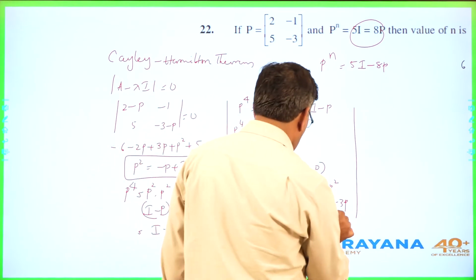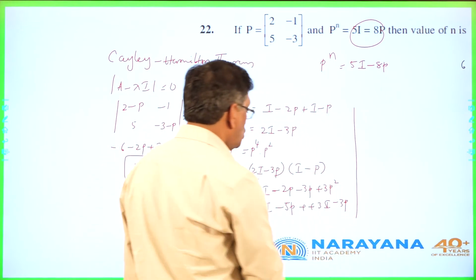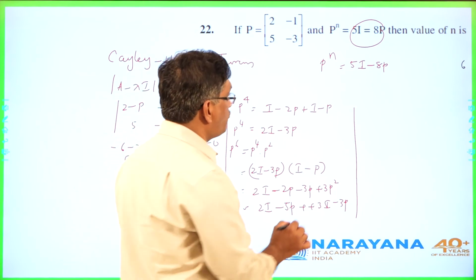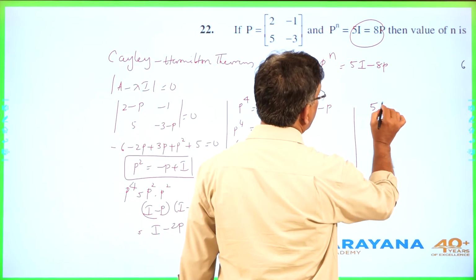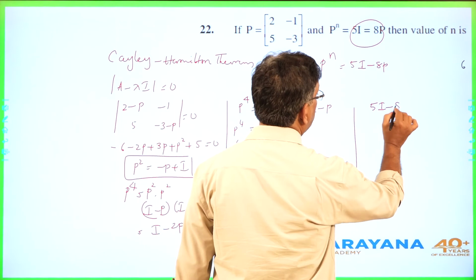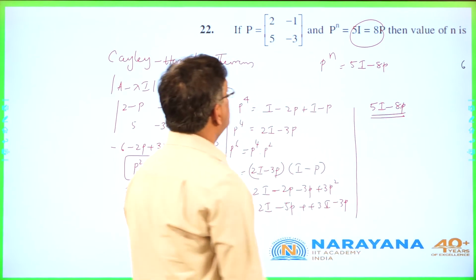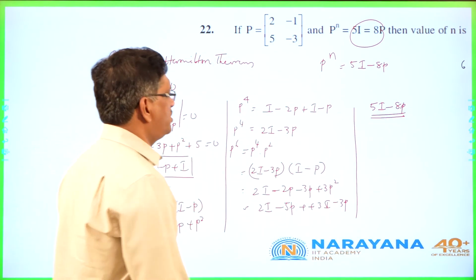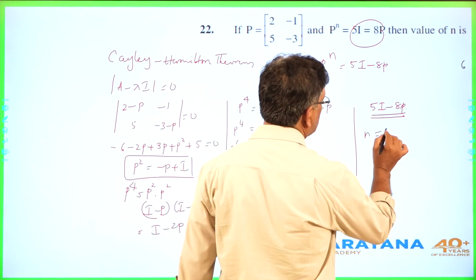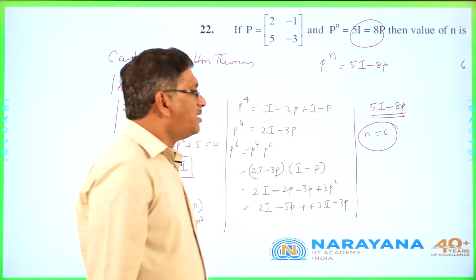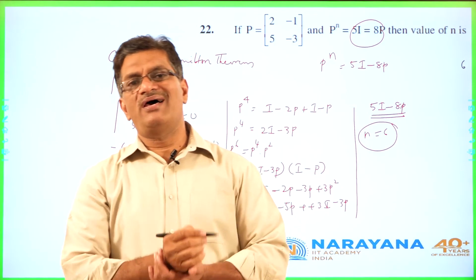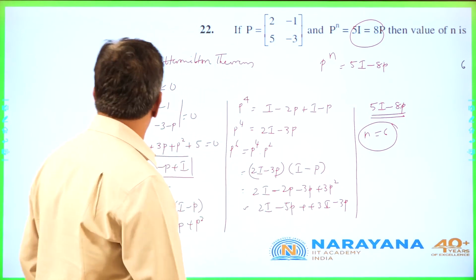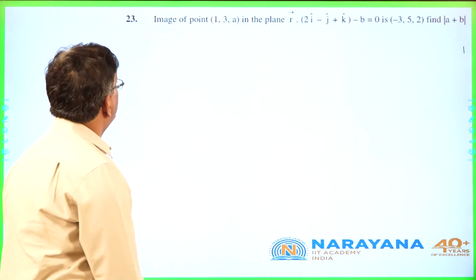That is nothing but 2 plus 3, 5i minus 8p. This is what he has given. Then the value of n, clearly n equal to 6. It is trial and error, like checking only, we have to do it. Okay, let us go to the next one.